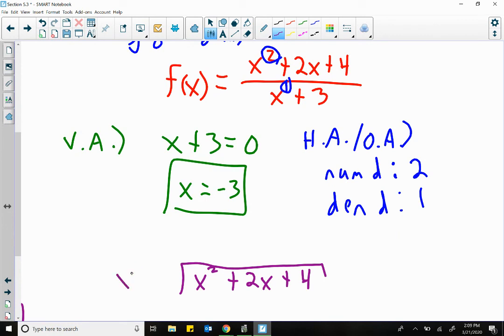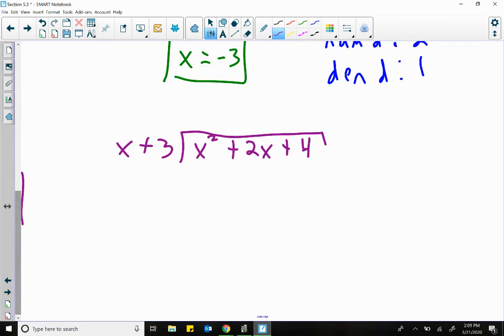Out front, we have x plus 3. Okay? So, remember in long division, we want to get rid of this first guy. So we're going to think what times x will give us x squared, because we're always working with this. So that gives us x.